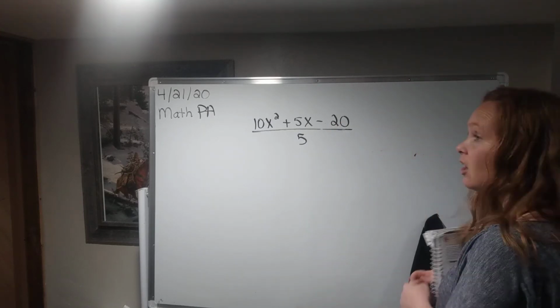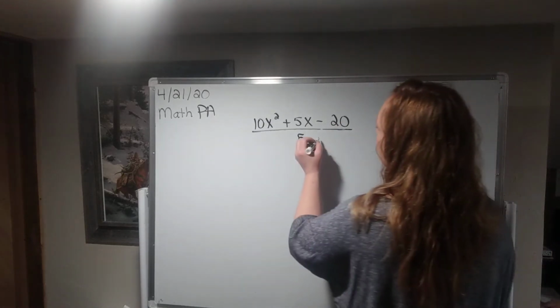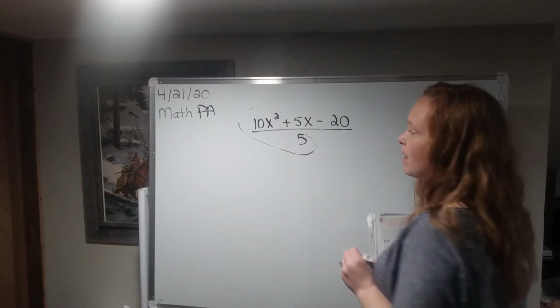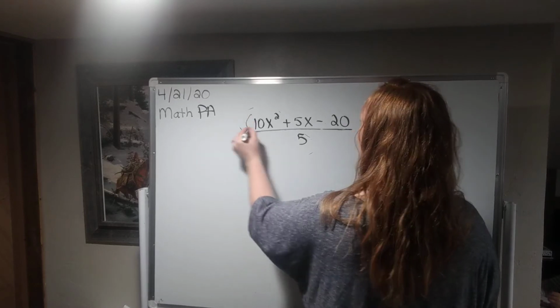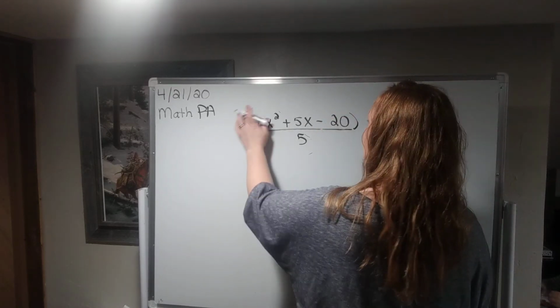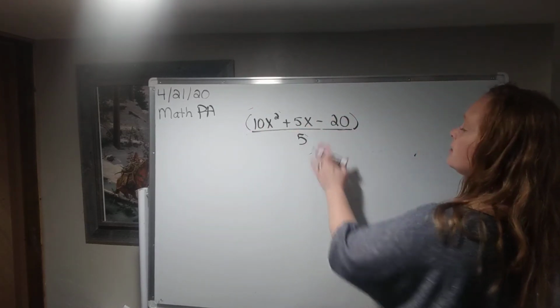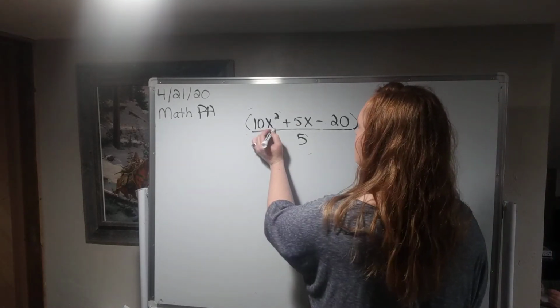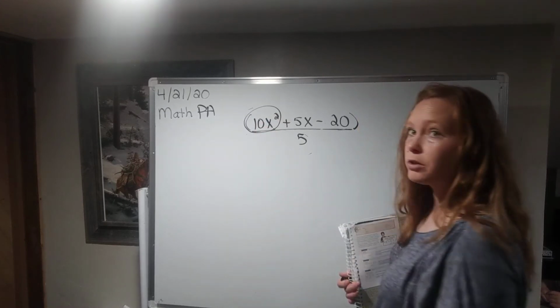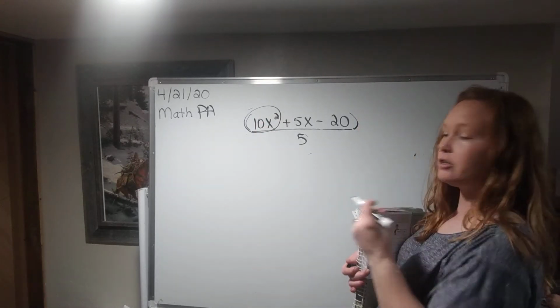What we cannot do is just say this divided by 5. What we're saying in this problem is that we have a parentheses, and everything in here is divided by 5. So the way to look at this problem is to take each term, kind of like when we're distributing, we're kind of undistributing.